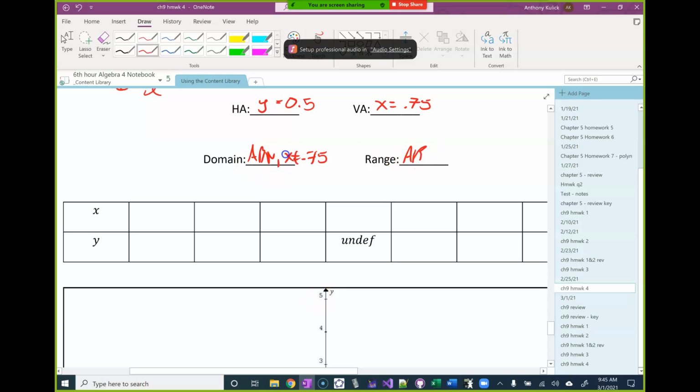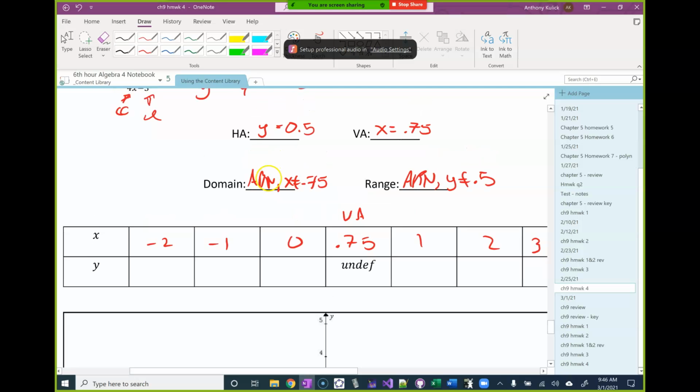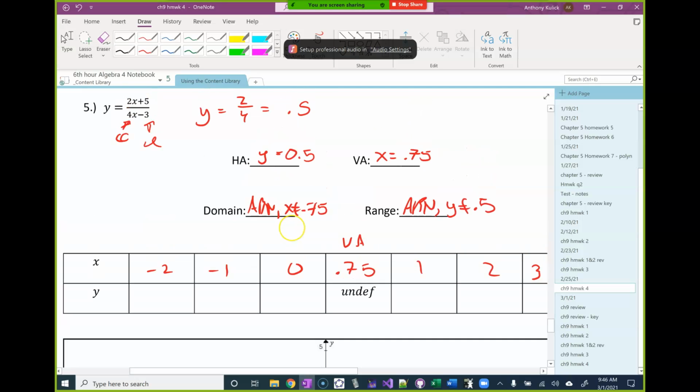If I plug negative 2 in, I get 1 over negative 11, which is about negative 0.1. I think it's 0.09 repeating, but I'm rounding to 1 decimal point.